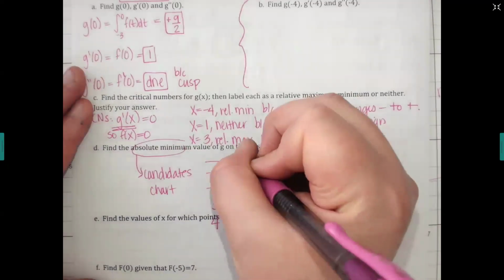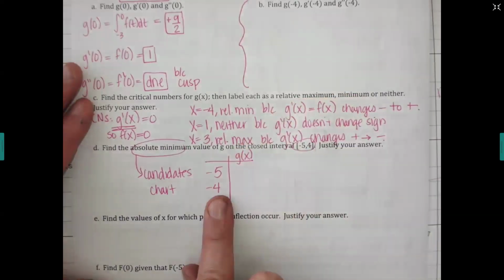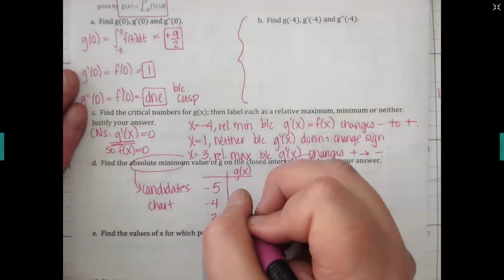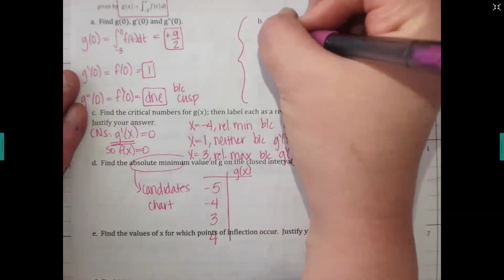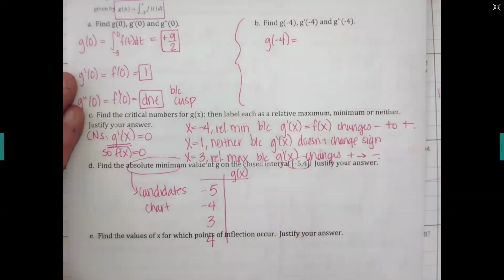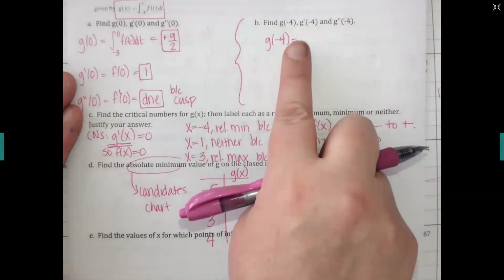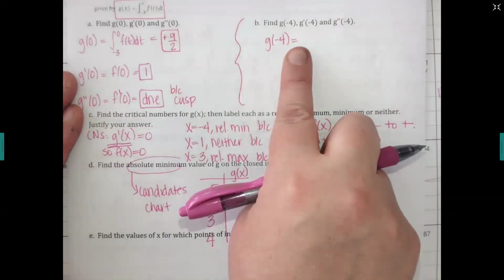And which of those did you already find the answer for? What was the value of G of X at -4 from part B? Wait, it should be in part B. Was it -9/2? For this one? Yeah, it should be 1.